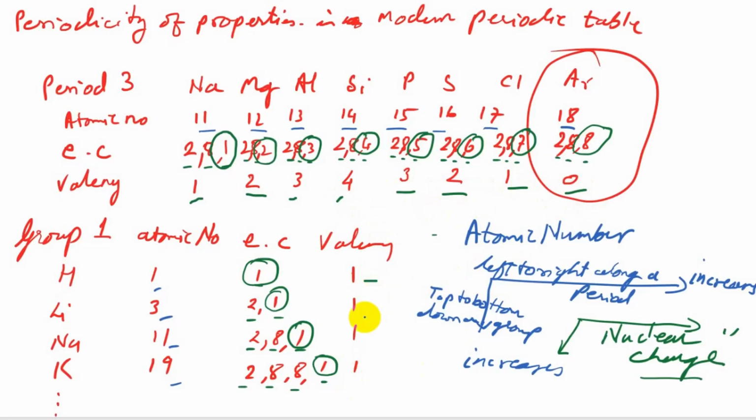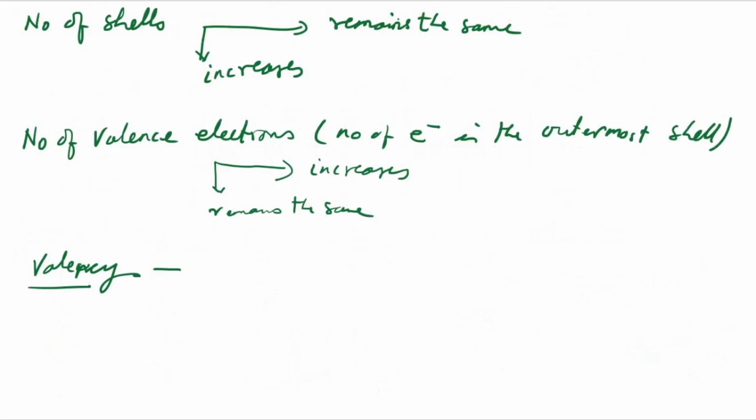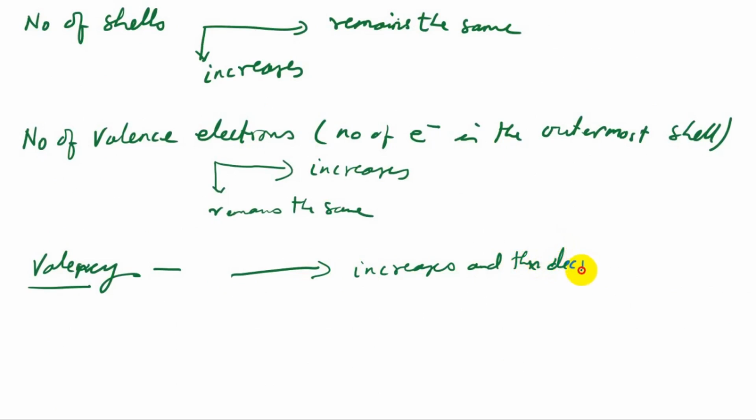But here 1, 1, 1, 1, that means it remains the same, isn't it? So I'll write from left to right, it increases and then decreases. First it increases and then it decreases.